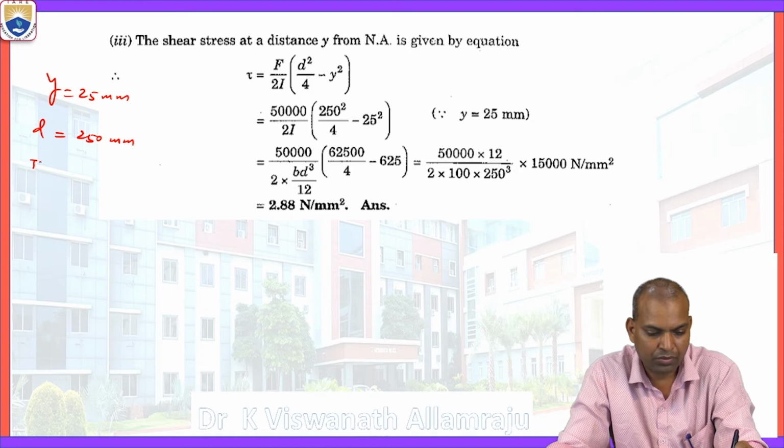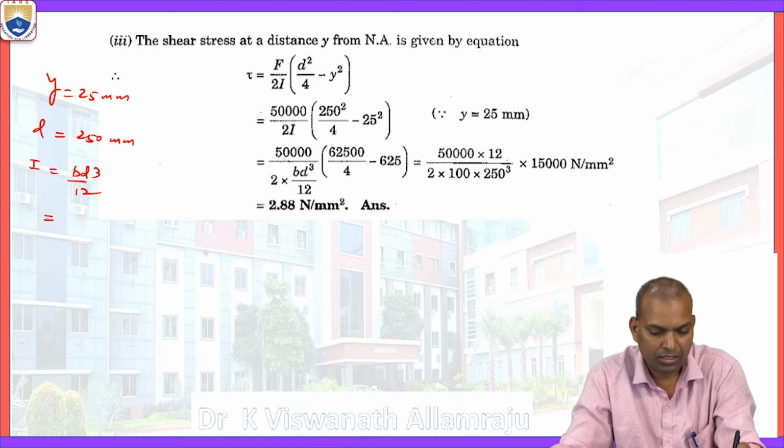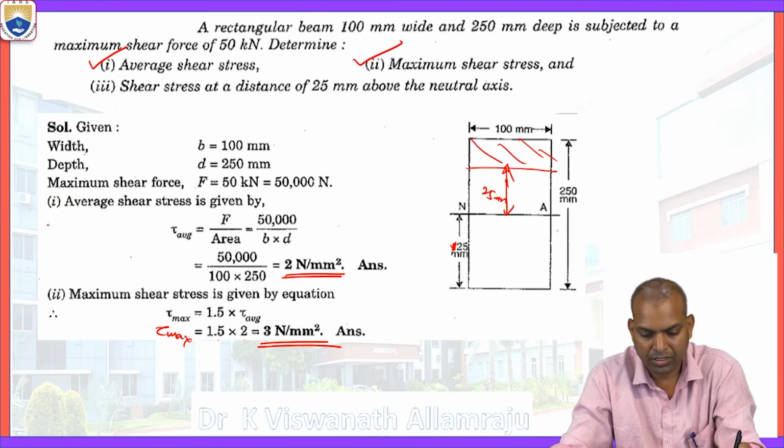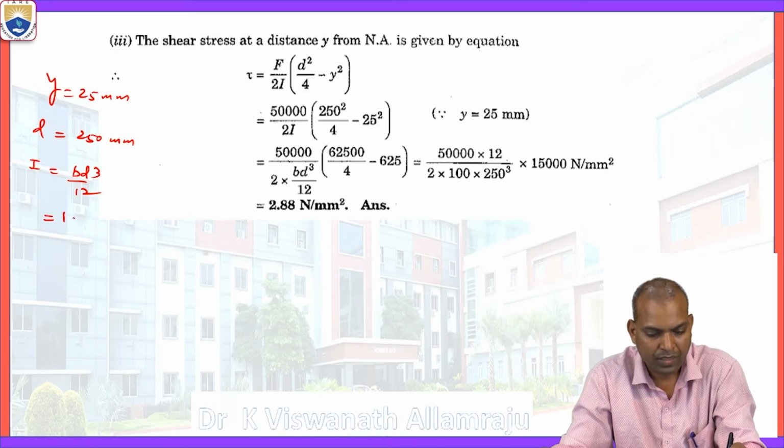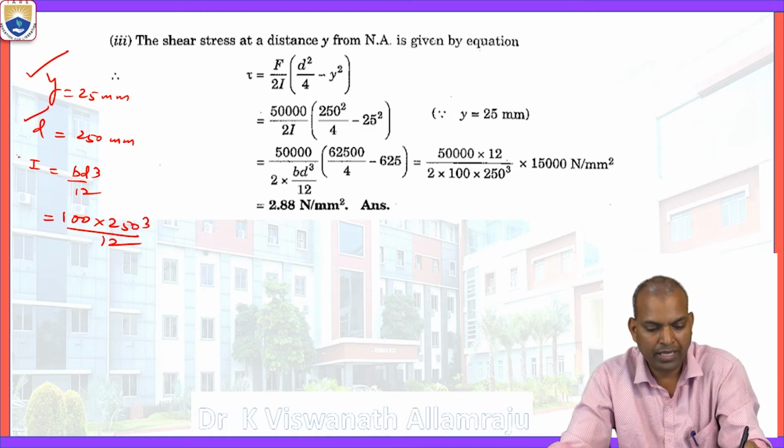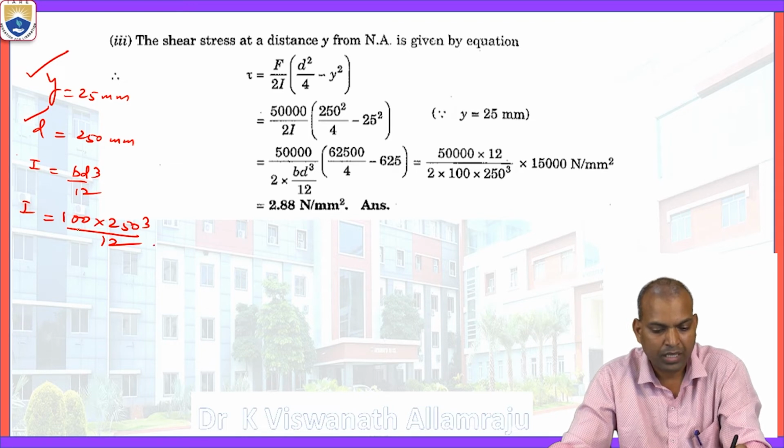And I equal to BD cube by 12. What is the b here? The b is 100, d cube 250 cube by 12. We know y, we know d, we know I value now after calculating, and F also, the shear force, that is 50,000 newtons.